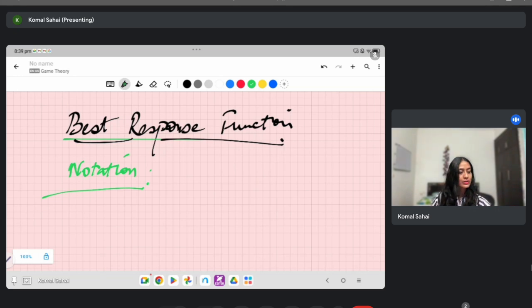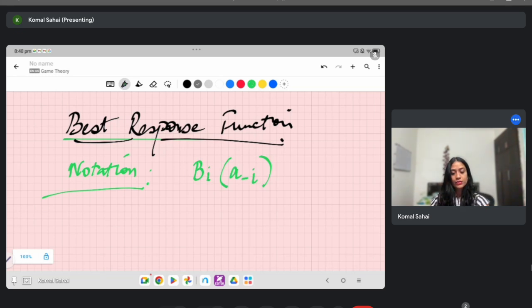So the notation that we'll go with, we'll denote it using the best response function of player i, right? B is for best response function of player i, for actions of players other than i, okay. We used this notation in the last session. So the argument in this function, right?